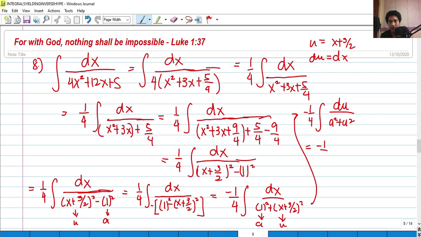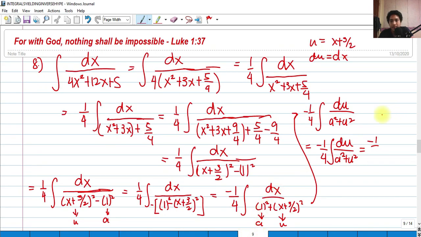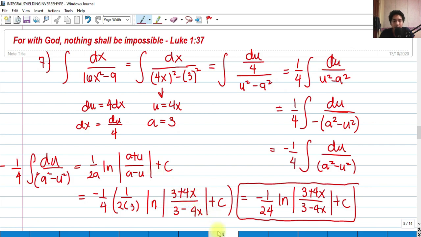So we have negative 1 over 4 integral of du all over a squared plus u squared, using the natural logarithm. So, if I'm not mistaken, that is 1 over 2a from our previous example. So that is 1 over 2a natural logarithm of a plus u over a minus u plus c.